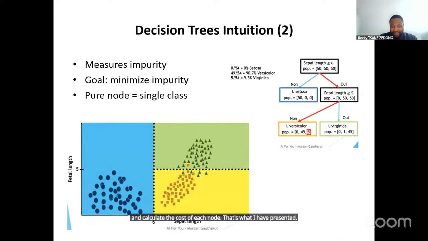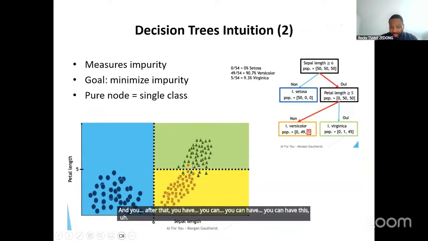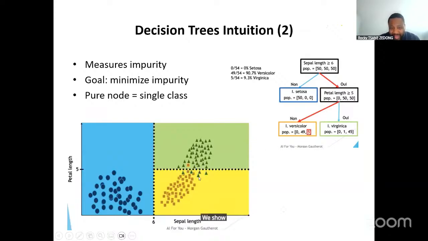After that, you can have this separation, which shows here we have 1, 2, 3, 4, 5 virginica in the versicolor, and it is illustrated by this graph.